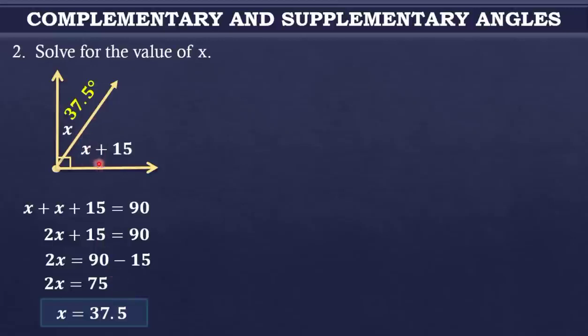So, isa-substitute natin itong 37.5 dito sa x since yun ang nakuha nating value of x. So, ito po ay 37.5 plus 15. So, that is 52.5. So, therefore, the measure of this angle is equal to 52.5 degrees. So, paginadd natin itong dalawa, ang sum niya is 90. And that is correct. So, therefore, our solution is correct kasi the sum is 90.